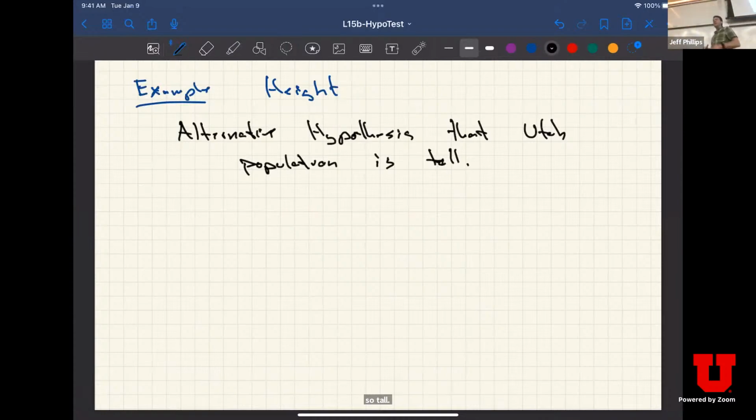Okay, so I have a hypothesis in some way that the people who live in Utah are somehow tall. So how would I turn this into a null hypothesis and a specific alternative hypothesis?